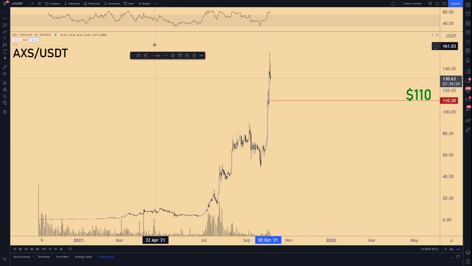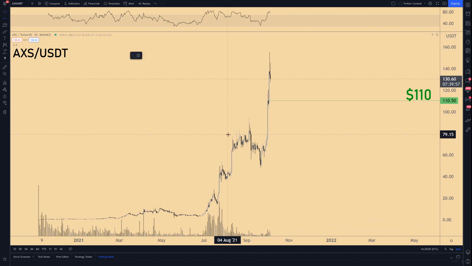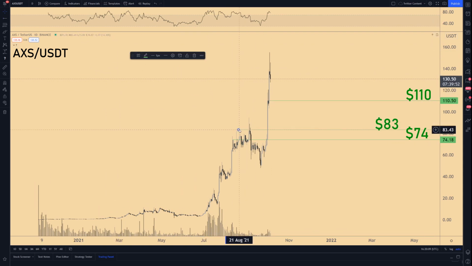Levels that I'll be looking at for potential trades, you know that I'm looking for order blocks and support resistance levels, so I'm looking for any of these levels here. First one is the zone around 110, second one is around 82.5 to 85, and the third one is around 73 to 76.